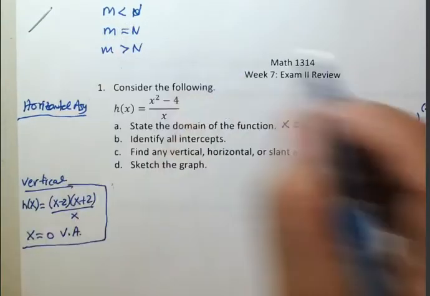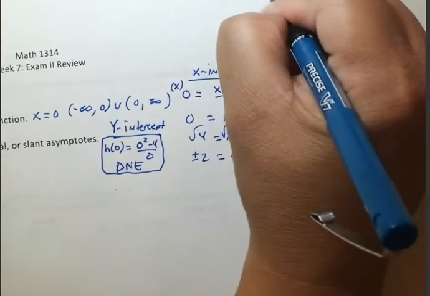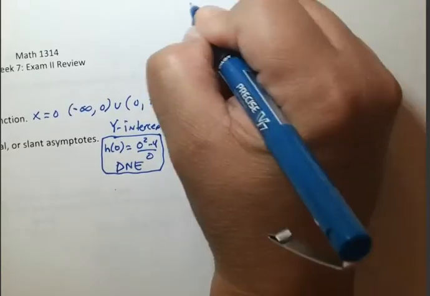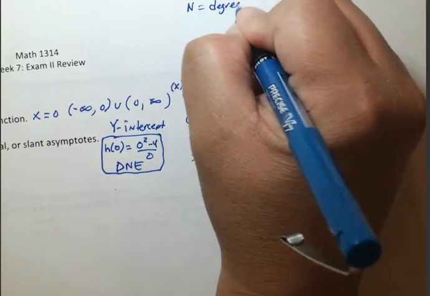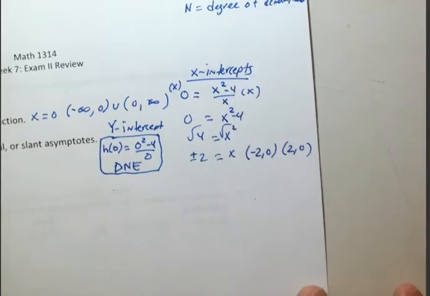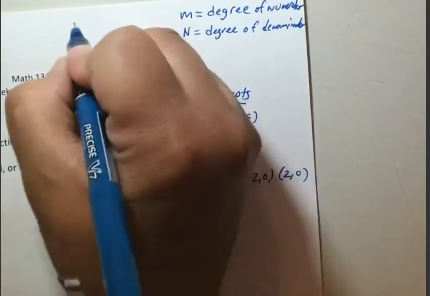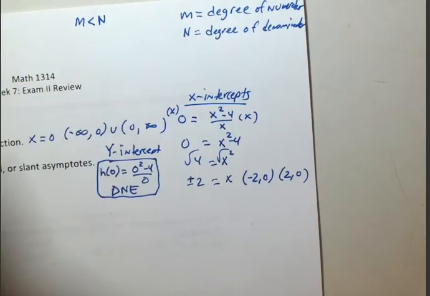Let me write over here, m is the degree of the numerator, and n is the degree of the denominator. The first case: if m is less than n, if the degree of the numerator is less than the degree of the denominator, then y equals 0 is your horizontal asymptote.